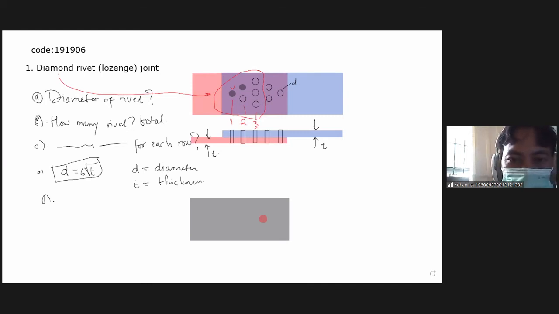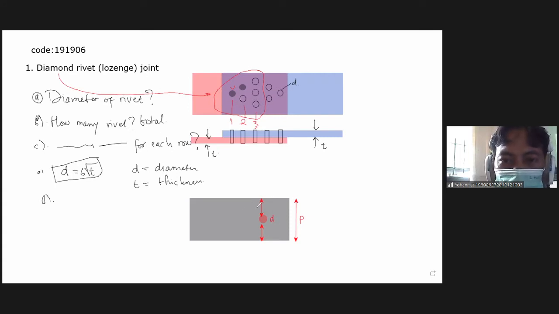Here we have the plate whose width has been reduced by the diameter of the rivet. Initially it has the width of P, and here we have the diameter.